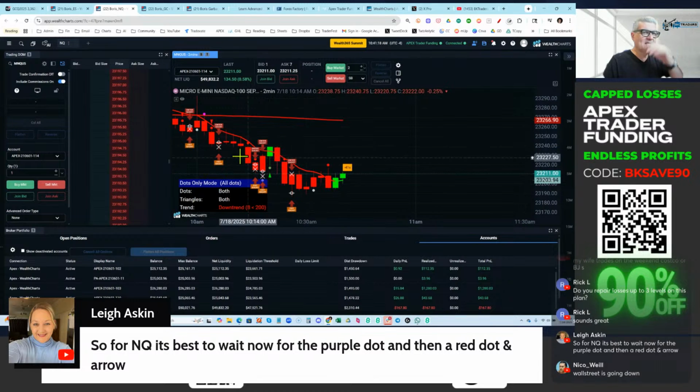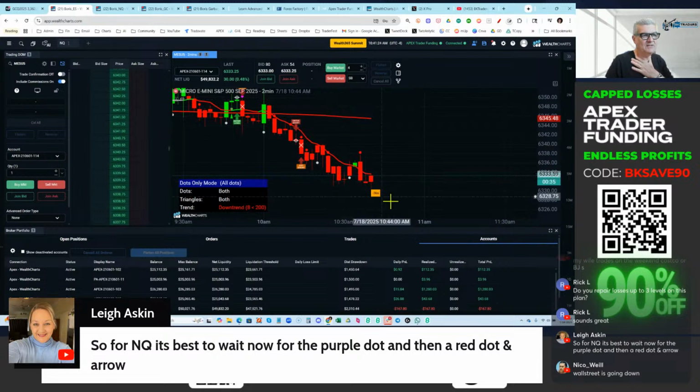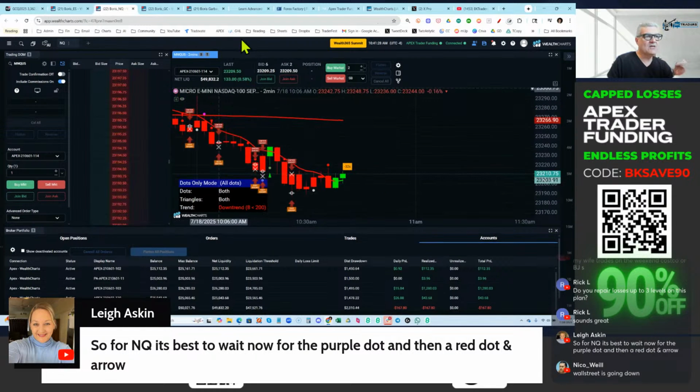I definitely don't like the divergence on the tape here, although S&P is starting to go back up to the upside. So it looks like the sellers have been held back, and now maybe we start building a positive trade setup.